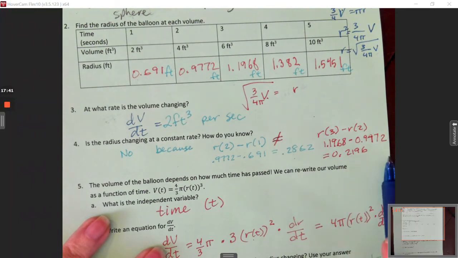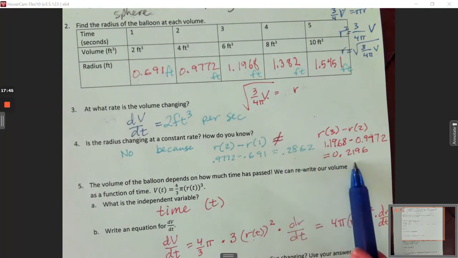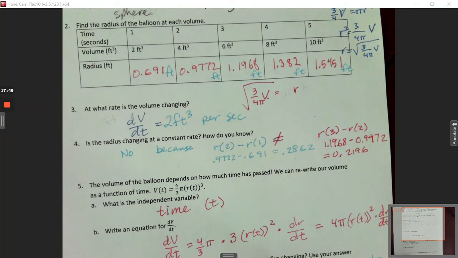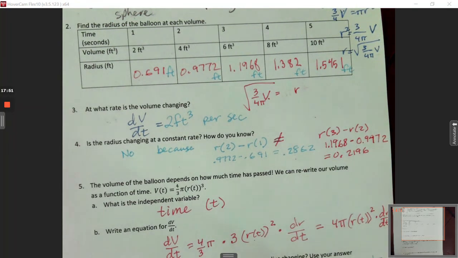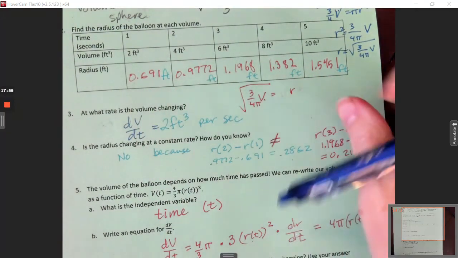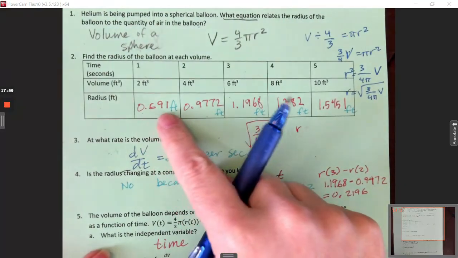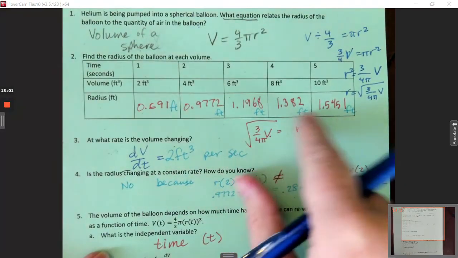So per second it's changing. And so I think it's changing faster when it's small. Just so you know, I wrote down small down there. By looking at this table, I can see the numbers are getting closer together.